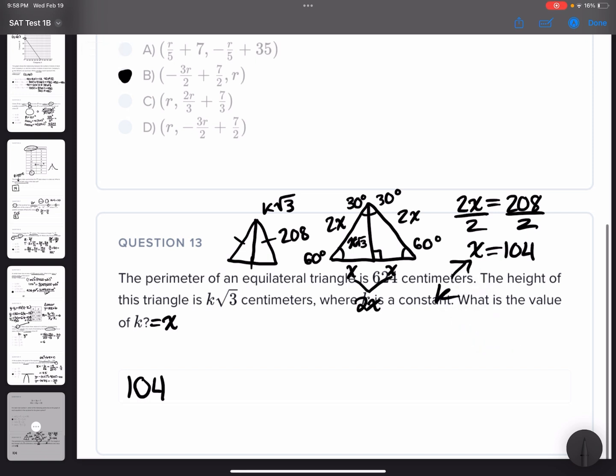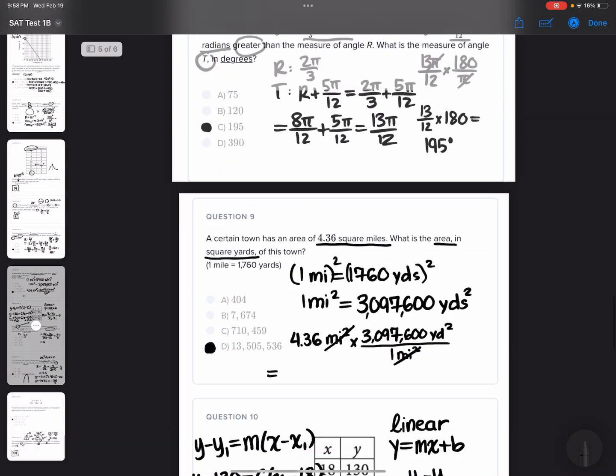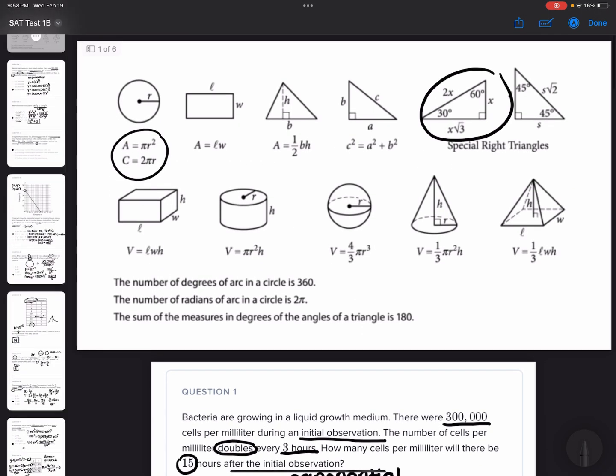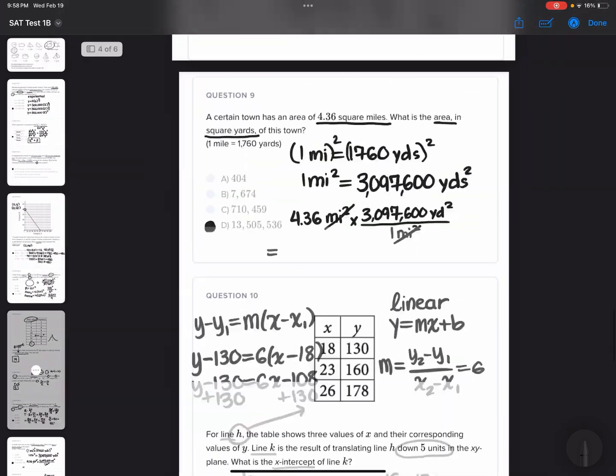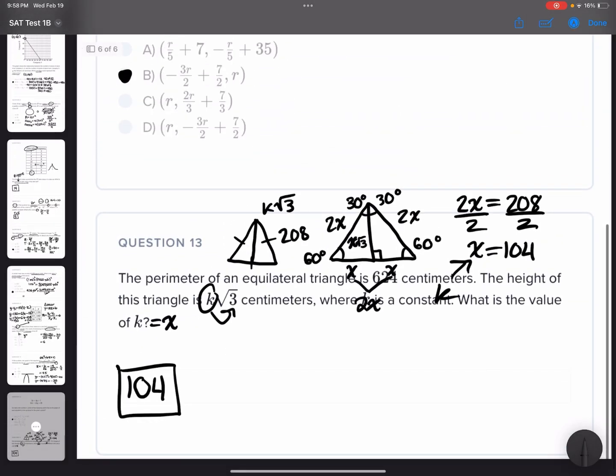That is that constant multiplied by the square root of 3, which is the height of the equilateral triangle. All right, so that concludes our huge and long review video. If you are still listening at this point and haven't fallen asleep to my long lecturing, congratulations, you made it to the end.